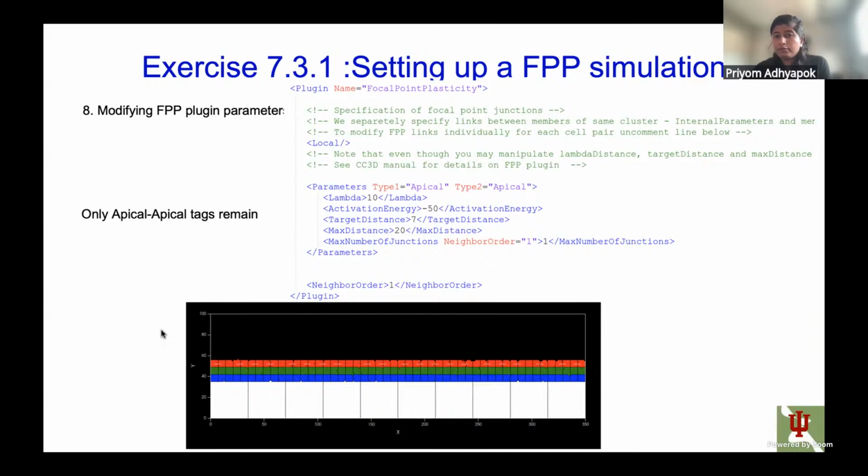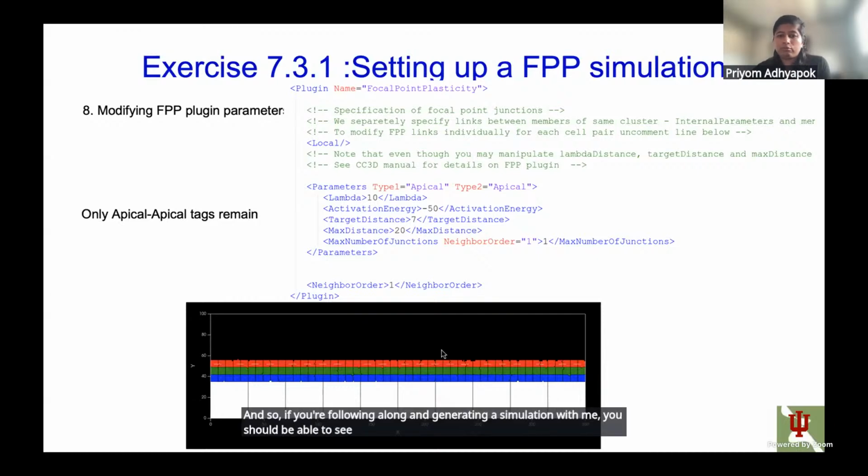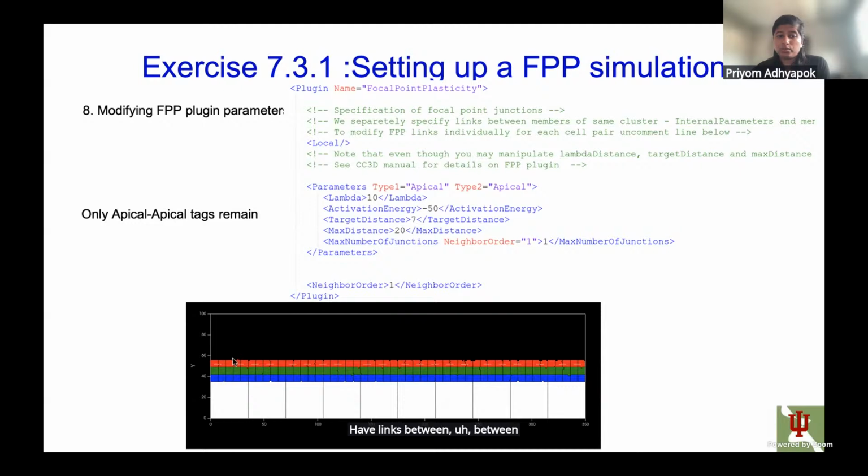And if you're following along and generating a simulation with me, if you just step through the simulation, this is what you should be able to see. Because we have only specified max number of junctions at 1, you'll be able to see some cells have links between their neighbors, while the others do not. And you should be able to see links only between the apical side of the tissue.